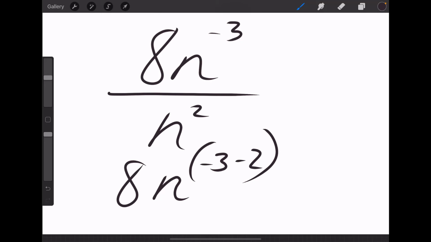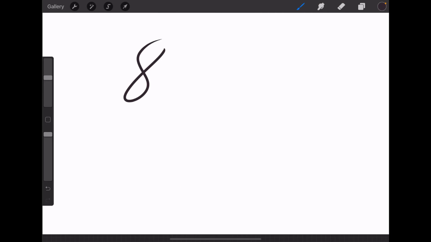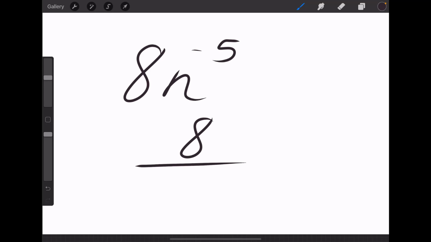Negative 3 minus 2 is negative 5, so now I'm going to rewrite this as 8n to the negative 5th power. And then since I can only use positive exponents, the 8 is positive, so it's going to be part of the numerator, and the denominator will be n to the 5th power.